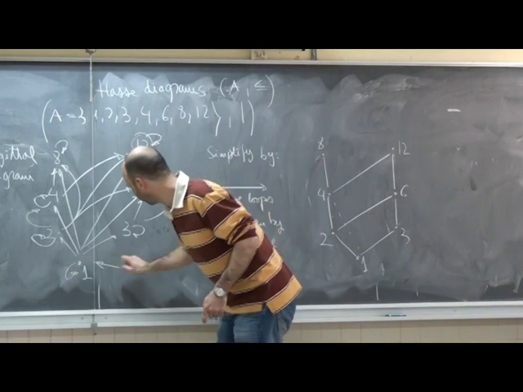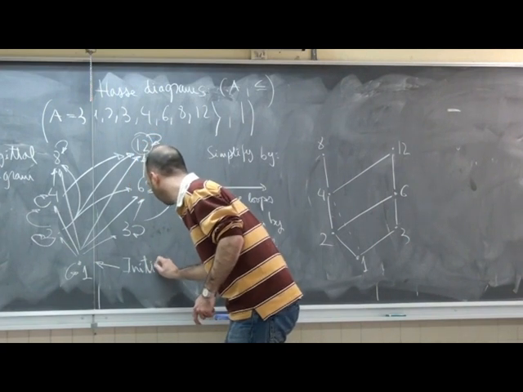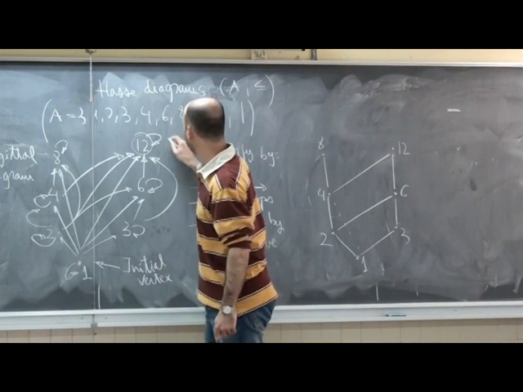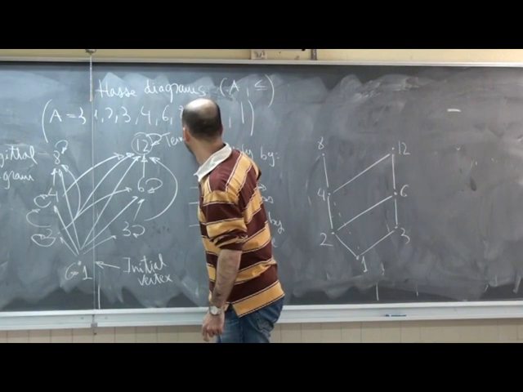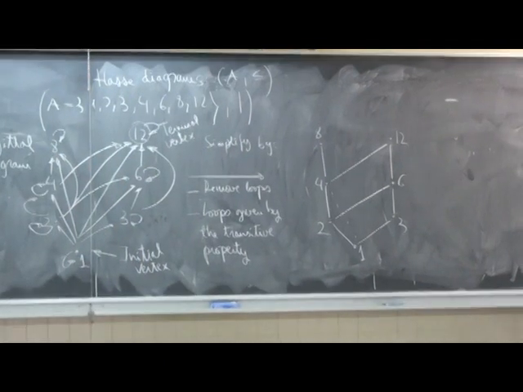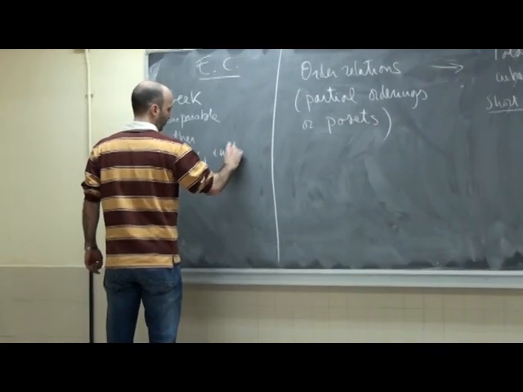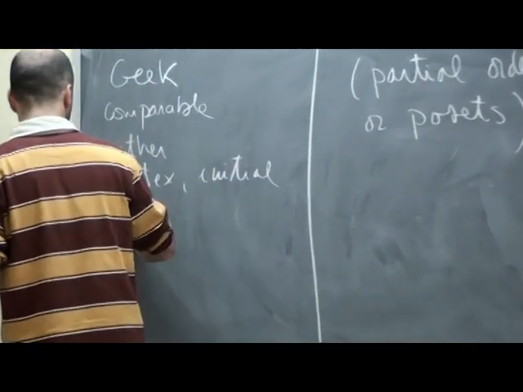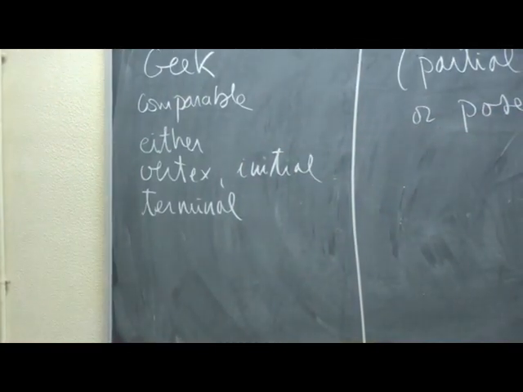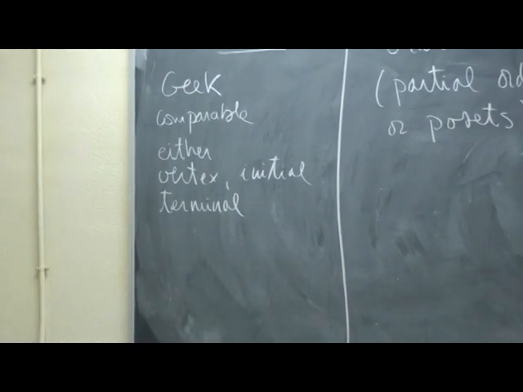So this is going to be called the initial vertex, and this is going to be called the terminal vertex. Okay. So I see that there is a flow coming from 1 to 12 and end.